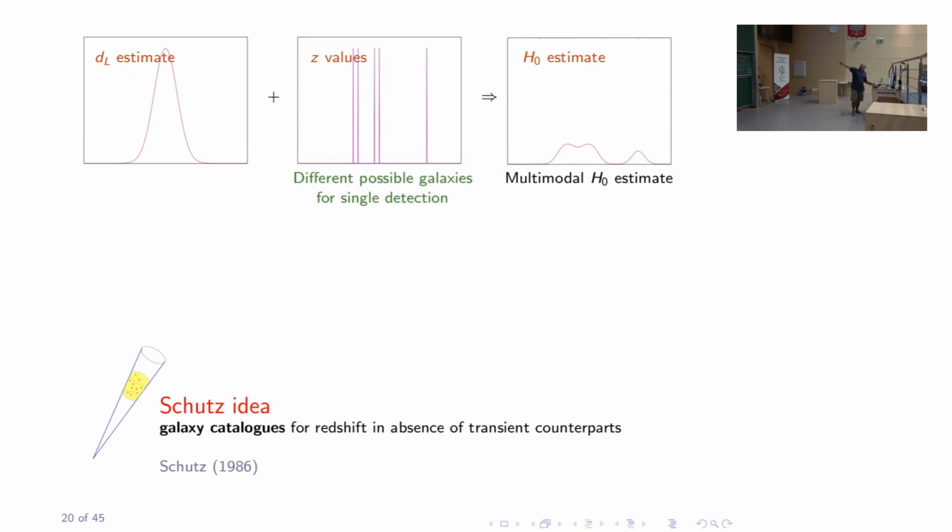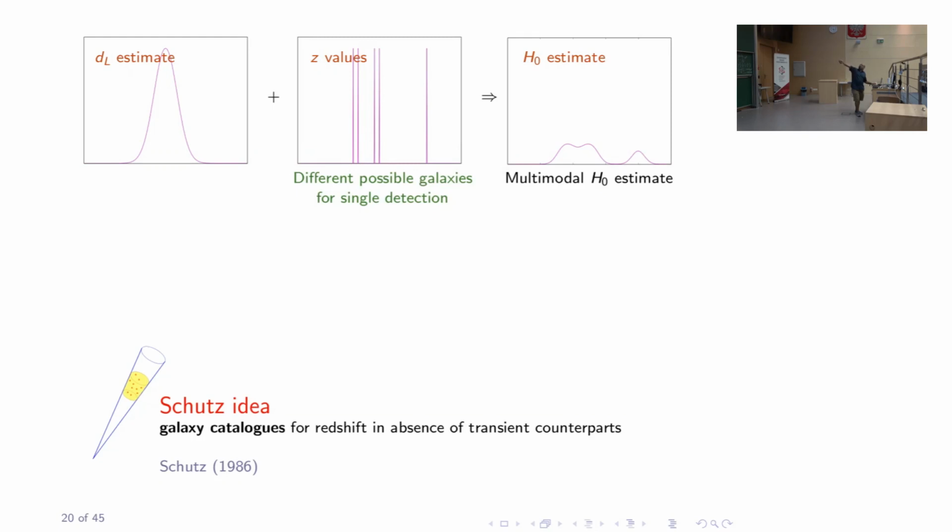Instead, what one has done is one knows more or less which area of the sky this gravitational wave source has come from. One has looked at all the galaxies in that area, giving some reasonable priors on H0, and one has identified certain redshift values from all the different possible galaxies.